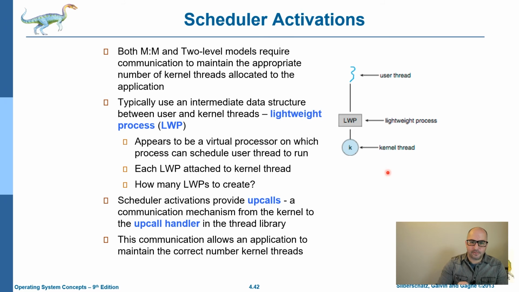One last thing about threads is that we have this dichotomy: the kernel thread and the user thread. And there's a tie that binds the two, and sometimes that will be called a lightweight process. There's a data structure in the kernel that holds the information for the thread that is related to the user thread.